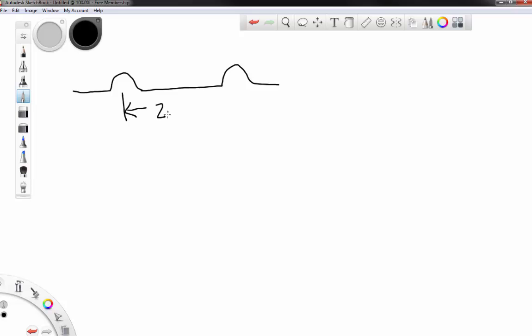So this distance right here would be 2 meters. And the amount of time that it's going to take for this one to get from here to here has been given by 4 seconds.